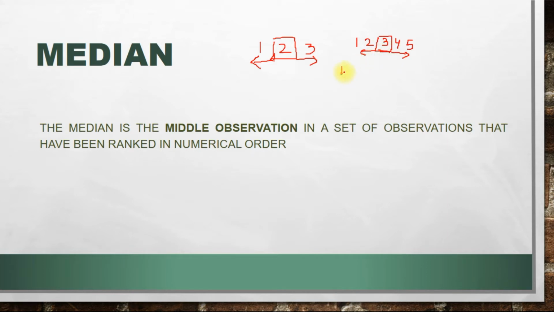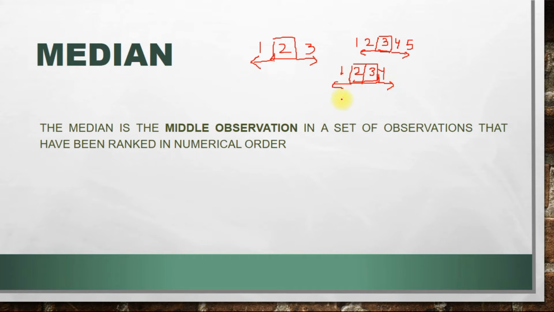But suppose I have 4 observations, 1, 2, 3, 4. In this case, we have 2 middle terms. To maintain the symmetry, we take 2 middle terms, with 1 observation below these 2 middle terms and 1 observation above them.